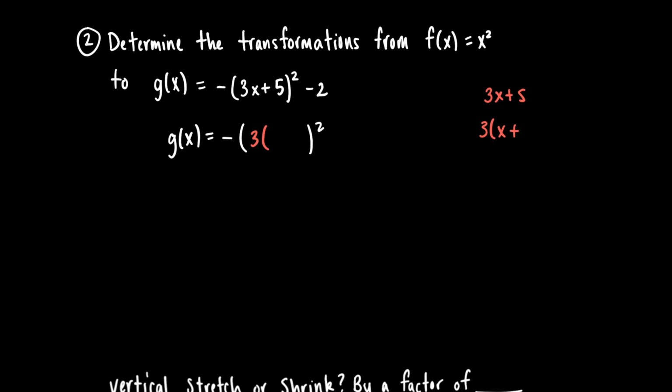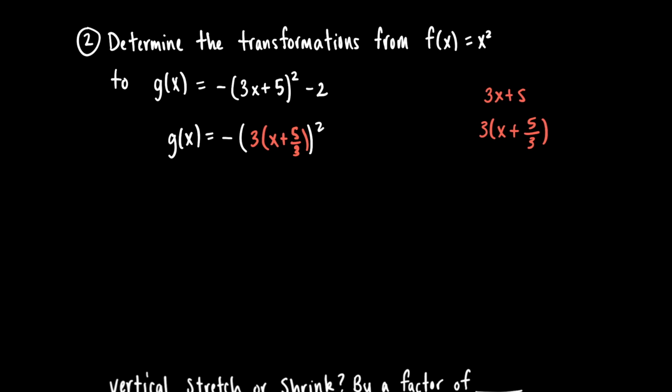The answer is, you're just going to take whatever this number is divided by 3, which doesn't really work out nicely, but that's okay. We can just write 5/3. So when we factor out a 3, that's what we have left in there. So we'll have x plus 5/3.